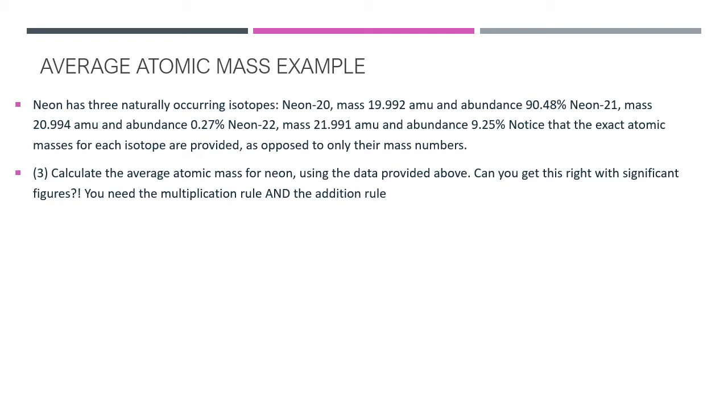Now remember, I told you 99% of the time, looking at this problem, the number with the least amount of sig figs is 0.27. That is 2 sig figs. So if you answer to 2, you're probably going to be fine. The AP test is not very strict about sig figs at all.